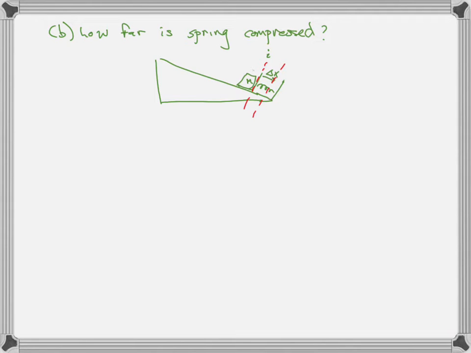But when it compresses a distance delta x, the acceleration is not constant. It's g sine theta until it hits the spring. Then the acceleration changes, and even then it changes while the spring is compressing, because the force depends on the compression of the spring: F equals minus kx.